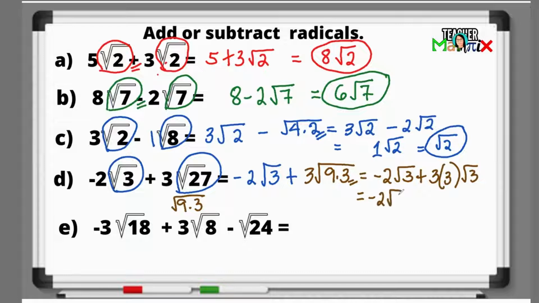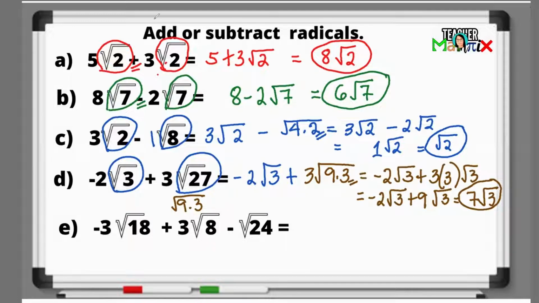Negative 2 square root of 3 plus 9 square root of 3. Since they are the same, simply copy the radicand and then simplify them. Negative 2 plus 9. So their sum is positive 7. So this is now the final answer.